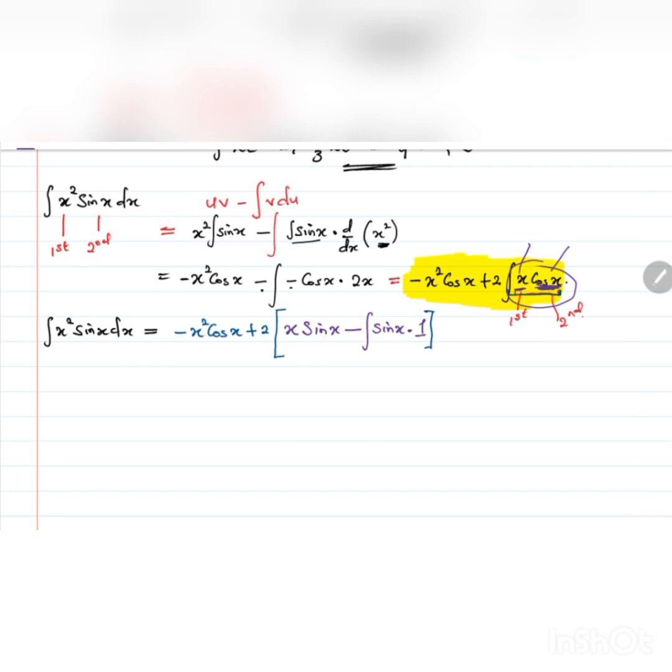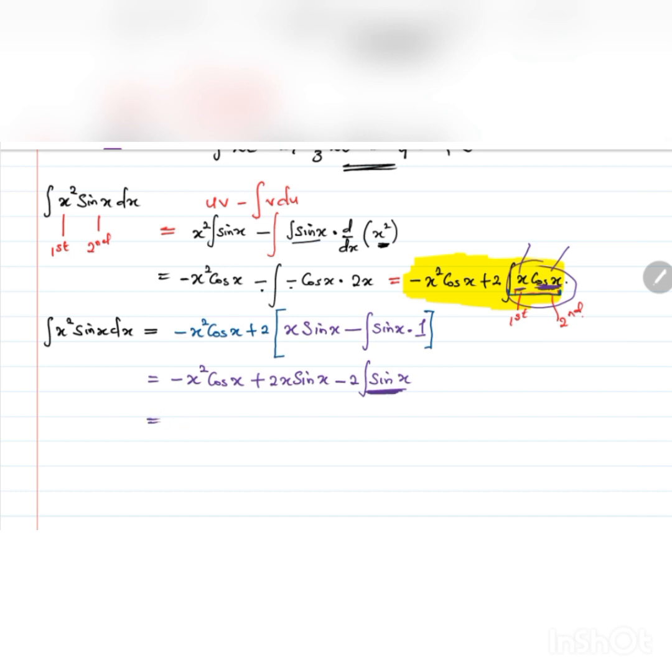Now at this point, we can open the bracket. Opening the bracket, we have minus x squared cos x plus, the 2 is affecting everything inside the bracket, so 2 times this, I have 2x sine x, and then minus 2 integral sine x. Now let's remove this final integral, that is, we are going to integrate sine x. When you integrate sine x, it's going to give us minus cos x.